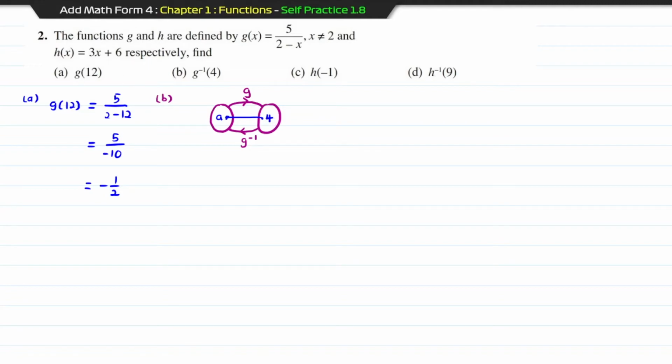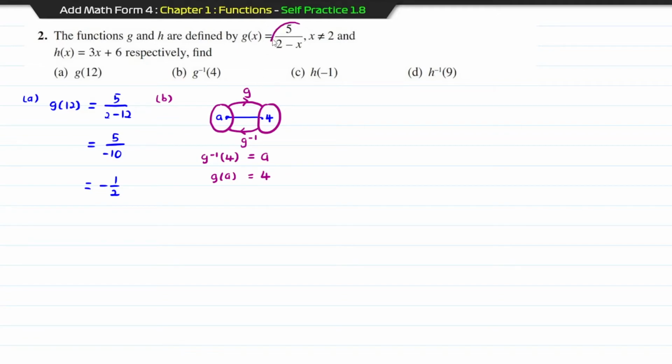Using the information that we have here, we're going to solve for B. The inverse of g, when you insert number 4 into it, you will get a, or the other way around, you insert a into g, then you will have 4.